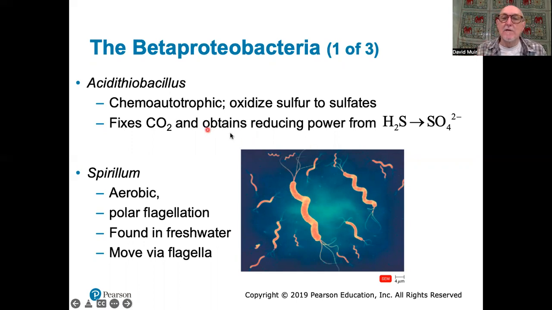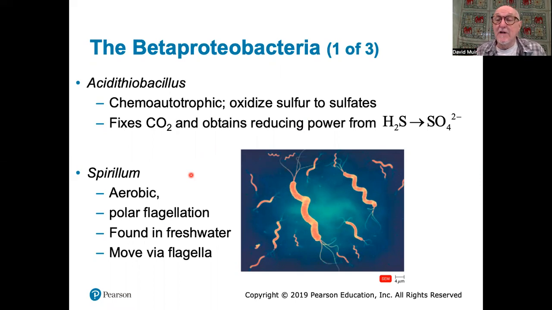This is exactly what this organism is doing. It's using H2S and oxidizing it to sulfate, but in doing so is stripping off these hydrogens and using them for reducing power. So just keep this in mind, because we will talk about these processes again when we talk about biogeochemical cycling.